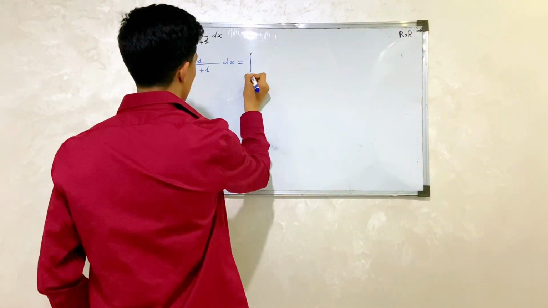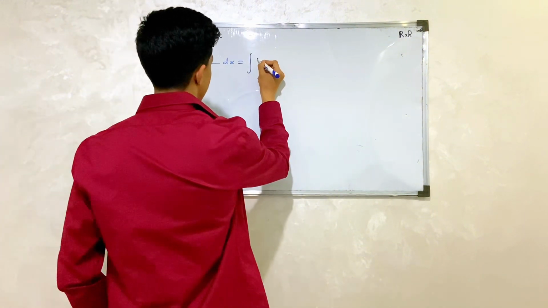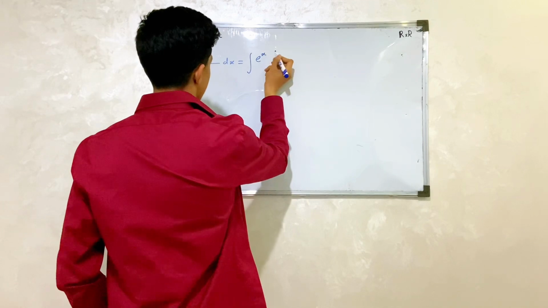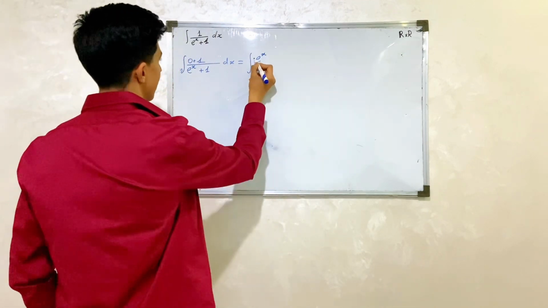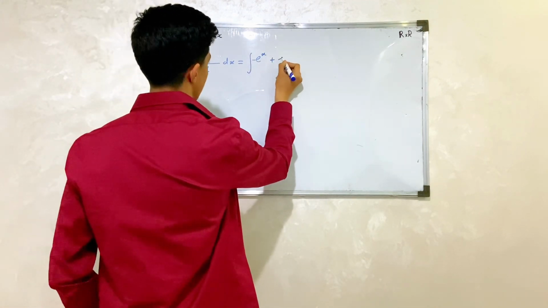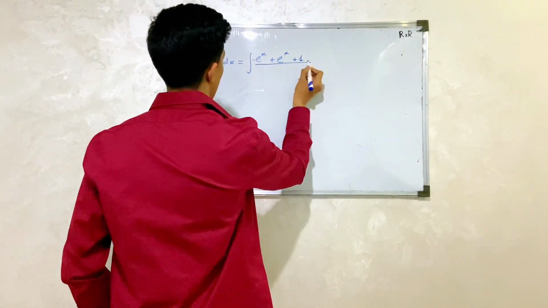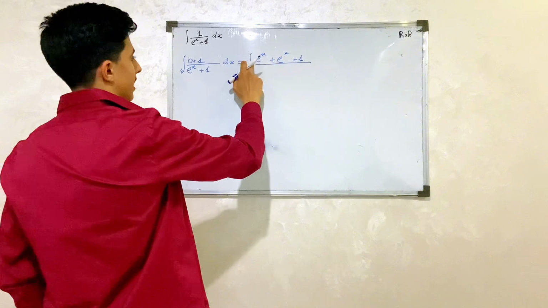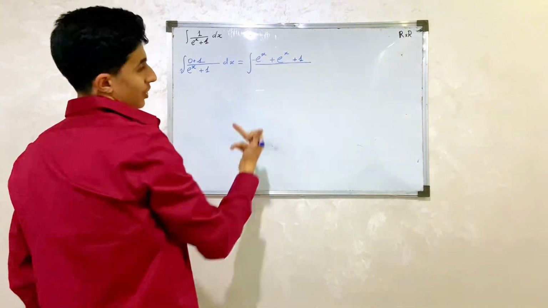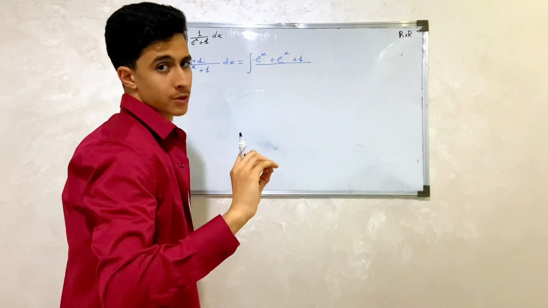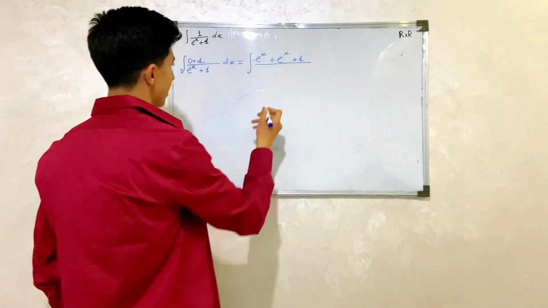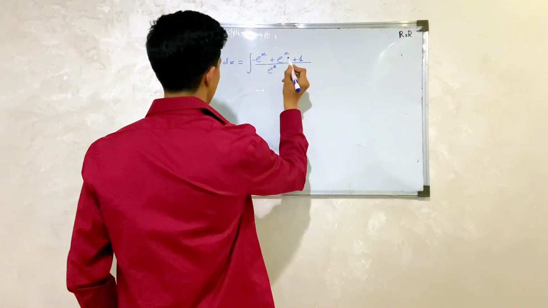We are going to rewrite it as e to the x minus e to the x plus 1. E to the x plus negative e to the x, or e to the x minus e to the x, is basically 0. So we haven't broken any math rules here, so we are good so far.